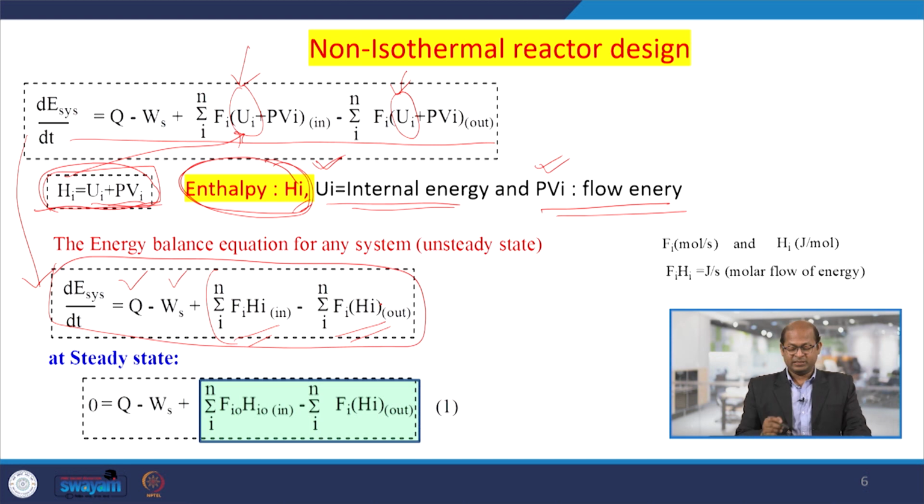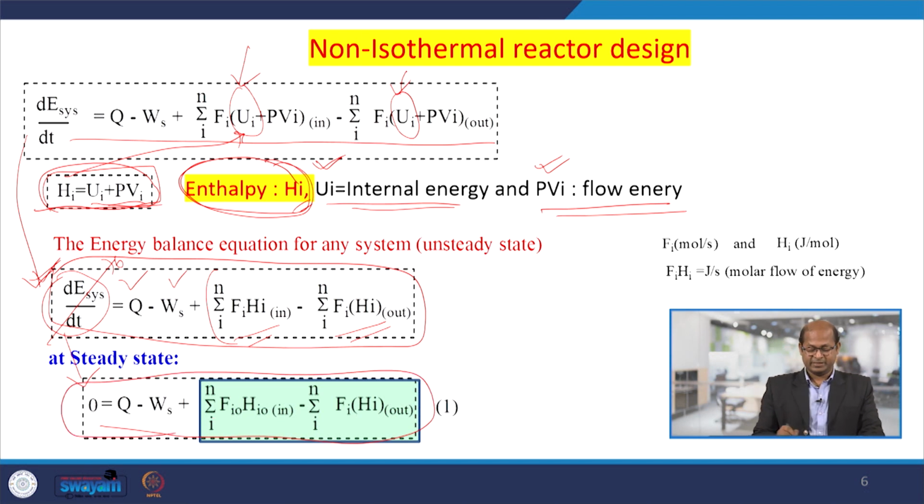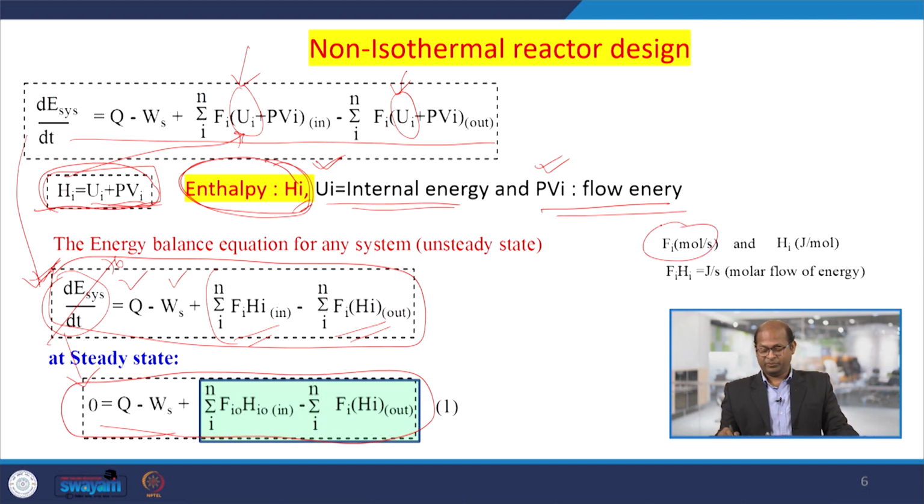This is the unsteady state operation. At steady state, the system's energy change dE system by dt is 0, so we can write the equation in this form at steady state. Here Fi is the molar flow rate and Hi is the enthalpy, and Fi times Hi is the energy in joules per second, the molar flow energy.